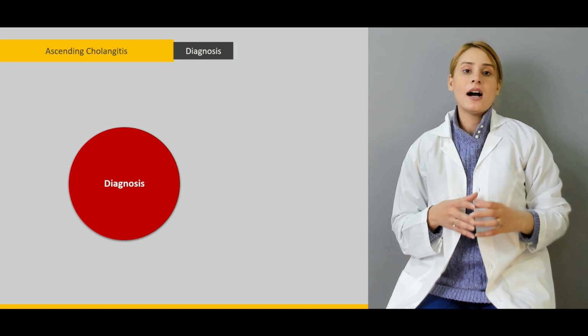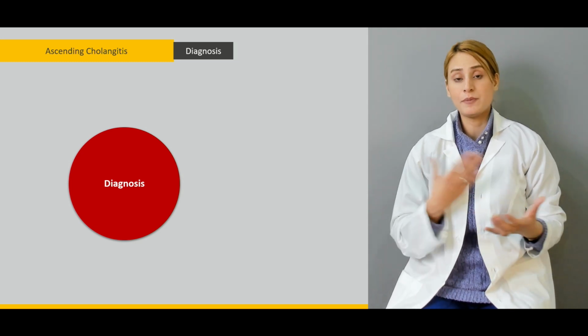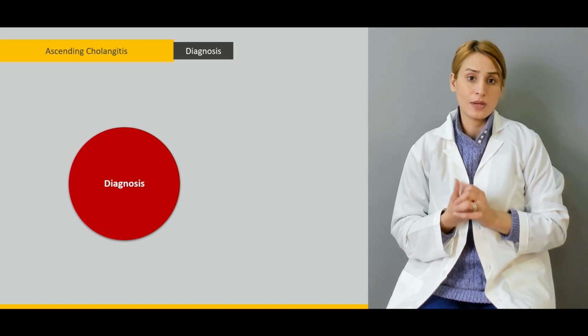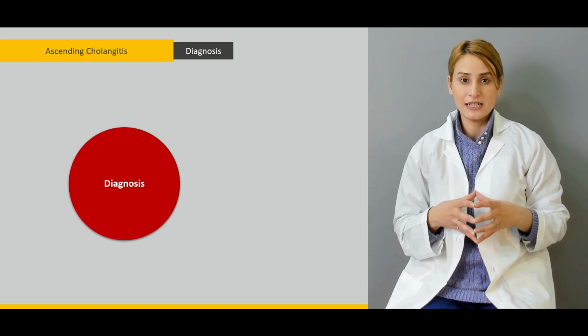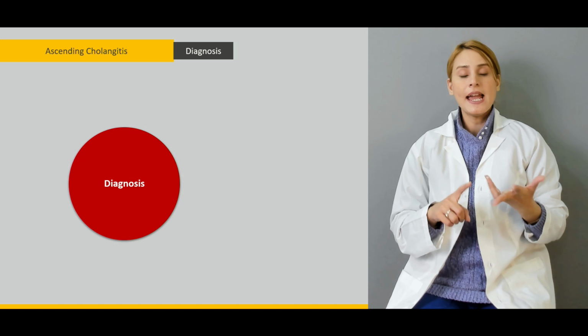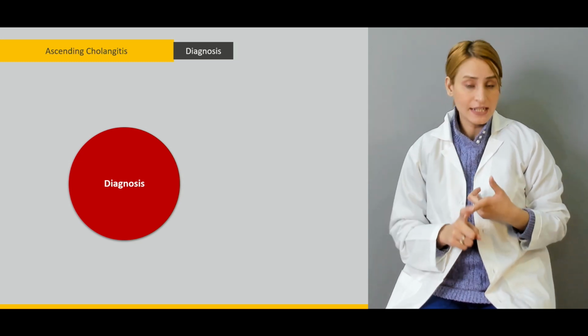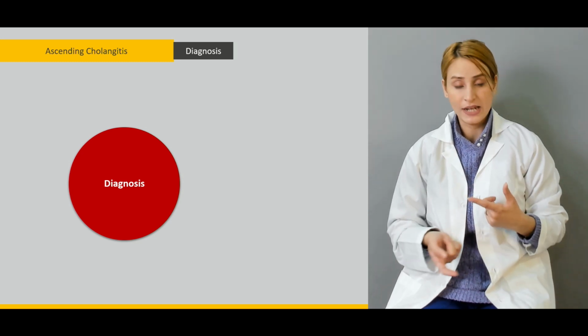When you investigate such a case, obviously the first line would be the blood CP, LFTs, RFTs, and serum electrolytes as well. But the most significant investigations related to ascending cholangitis would be blood CP and LFT. If he has ascending cholangitis, obviously the total leukocyte count would be raised.